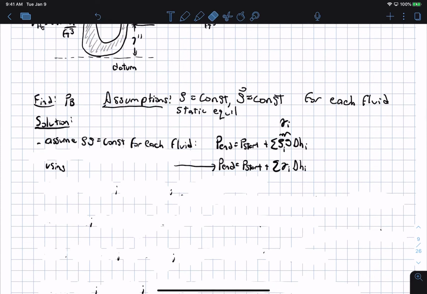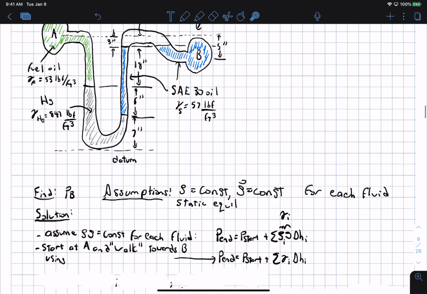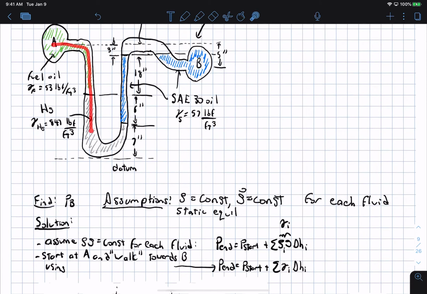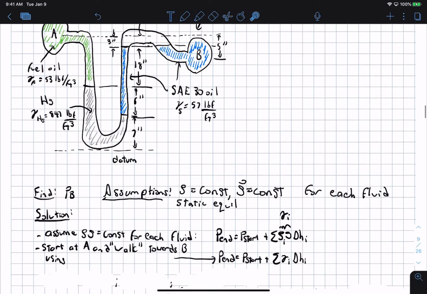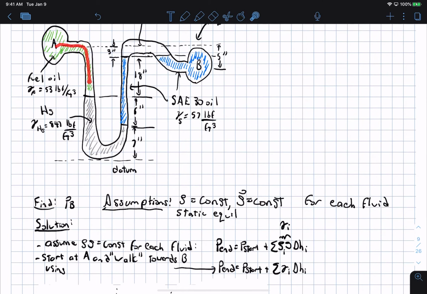Okay. And so we're going to start at A, which is over here, and walk towards B, and count up the number of different sections that contain different fluids. By doing that, I have the fuel oil here. That is section 1. I have the mercury here. That is section 2.